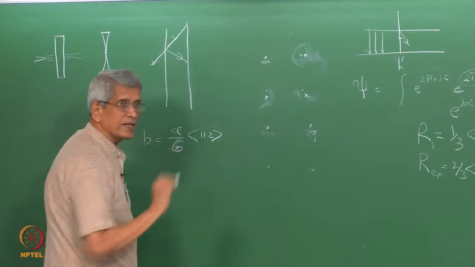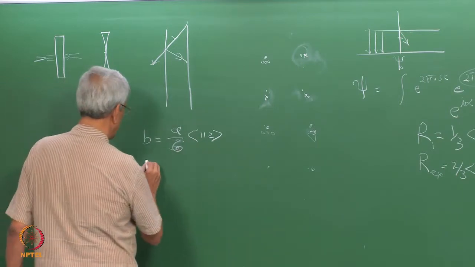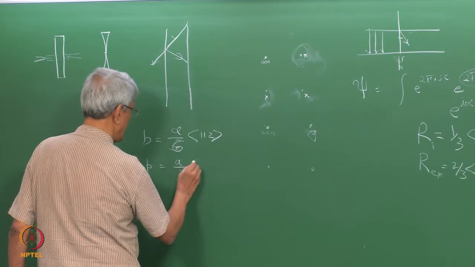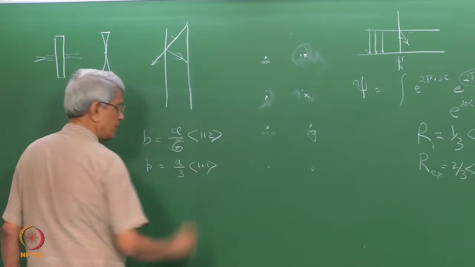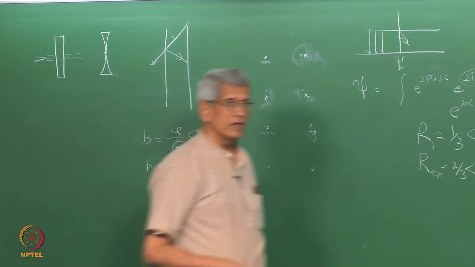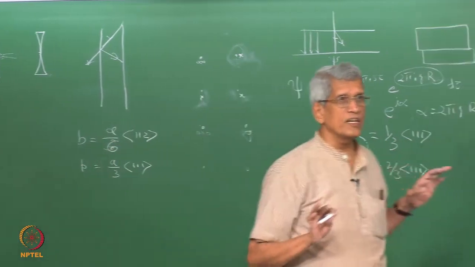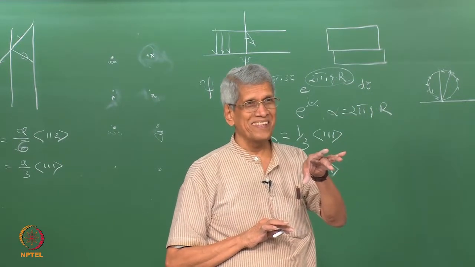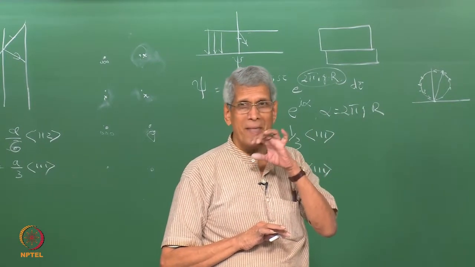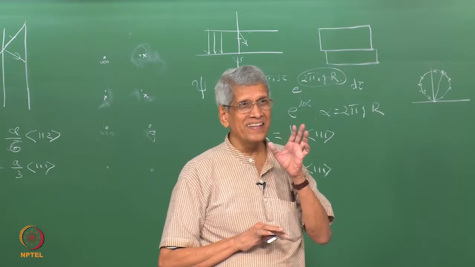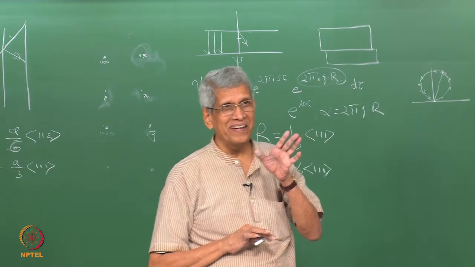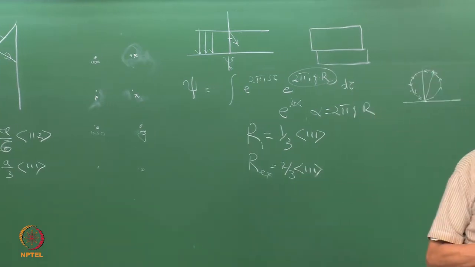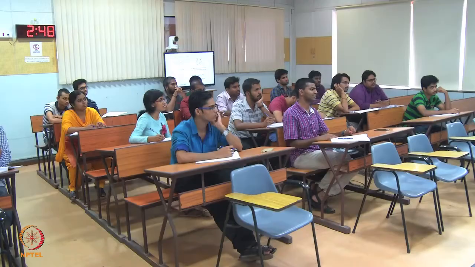If it is the Frank dislocation which creates it, then the Burgers vector of the dislocation will be a/3 <111>. I think these things you have studied. If any of you have not studied, I will explain now. We just heard the names Shockley and Frank. Yeah, you have not heard.